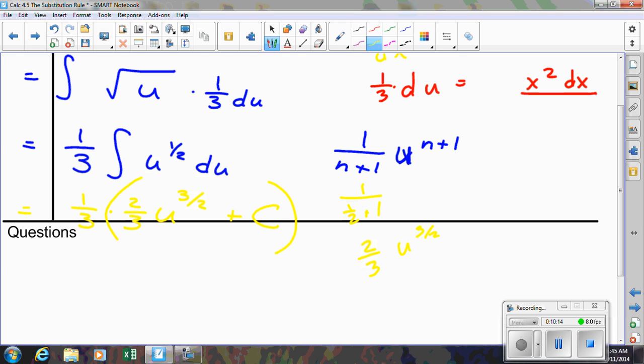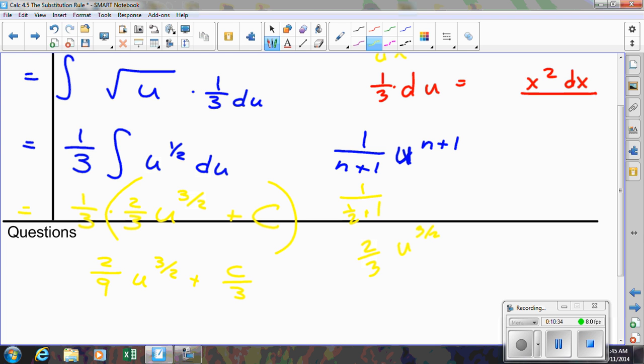And then we'd have to distribute across to get 2/9 u to the 3/2. And then we'd have 1/3 times a constant. So that would be c over 3.